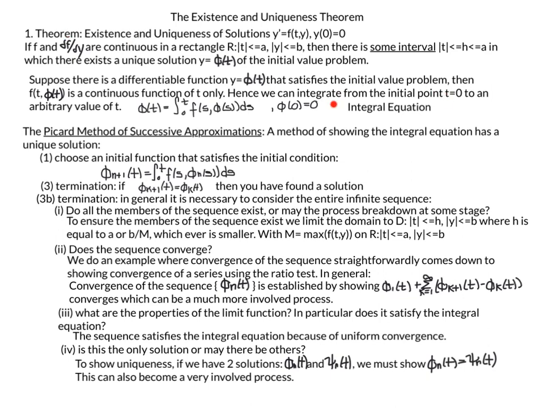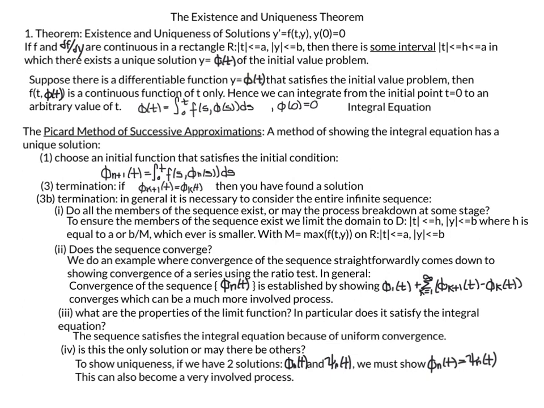We are then going to look at the integral equation, which is equivalent to the differential equation. By equivalent, I mean solutions of this integral equation are also solutions of the differential equation. The reason we do this is in case our differential equation cannot be solved; we don't have a method for solving it. What we can do is use this integral equation in a method called the Picard method of successive approximations to approximate a solution.